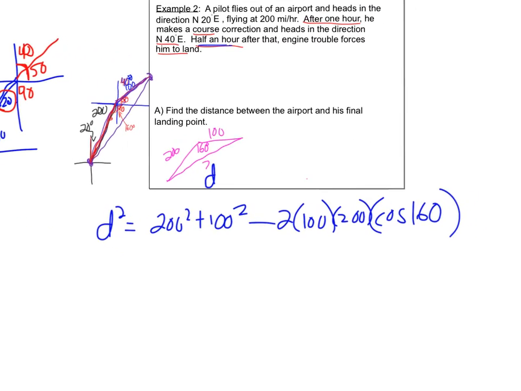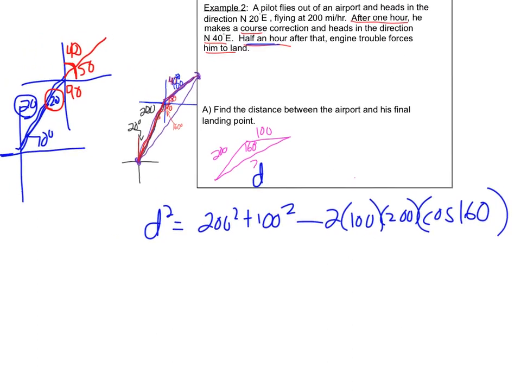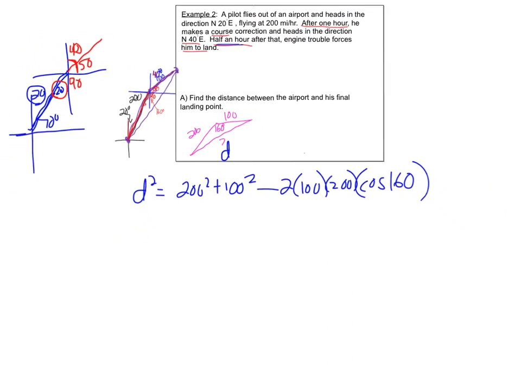That's where I get the 160 from. Okay, 20, 90, and 50 are going to give me 160. Now it's just some button mashing in the calculator to figure this out. And I can get away with putting all this in the calculator at once, to a degree.